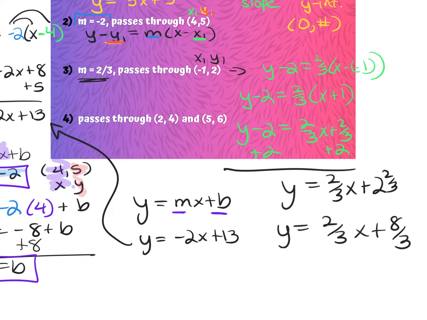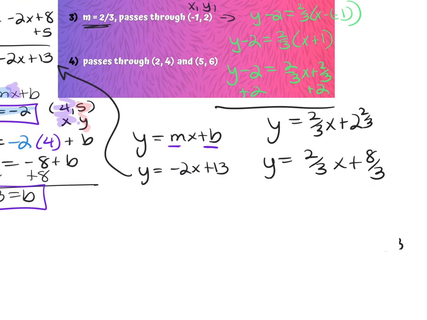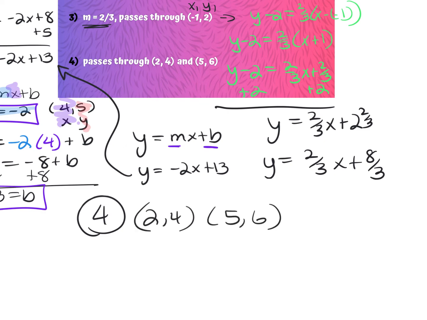Now, for number 4, this one's a little bit more work because we need to calculate the slope first. Remember, you always subtract the y's in the numerator and the x's in the denominator. So I'm going to do all the work for 4 below here. They gave me 2 ordered pairs. I need to first calculate the slope. Remember, your slope formula is y2 minus y1 over x2 minus x1.